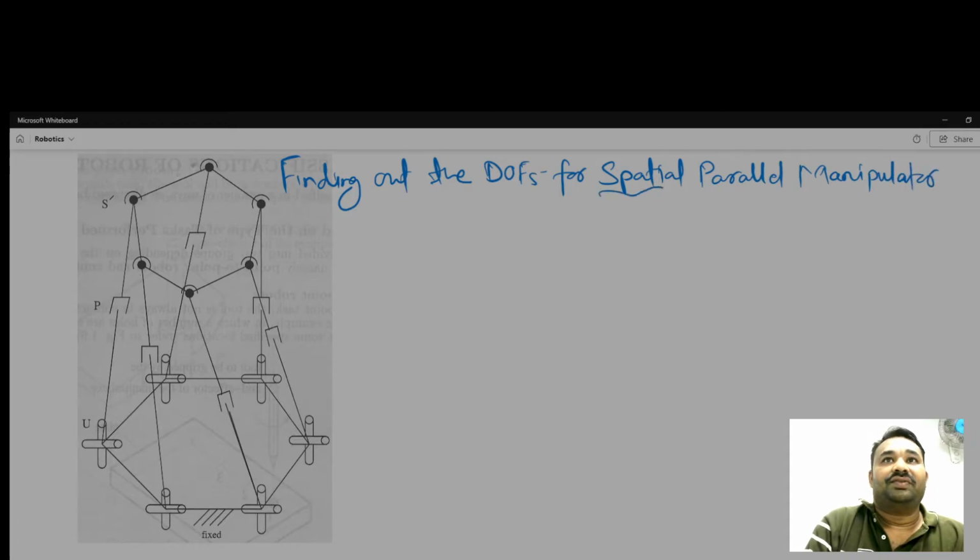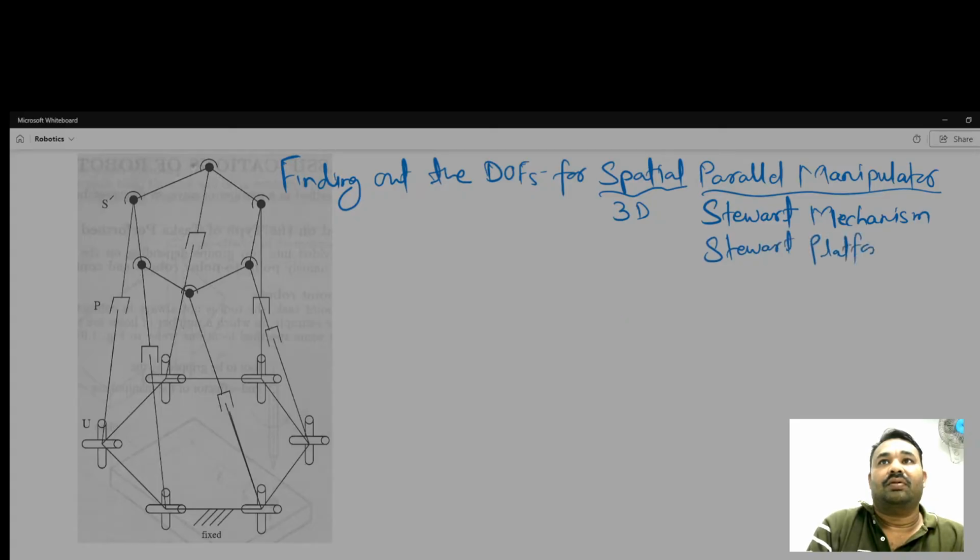Okay, so spatial means we're talking about 3D, and a parallel manipulator is also known as the Stewart mechanism, or you can say Stewart platform. Okay, so let's identify the formula.